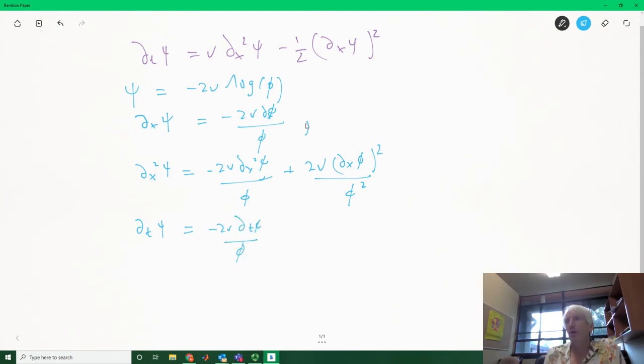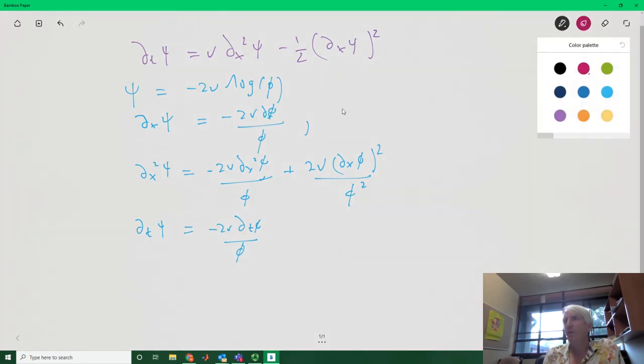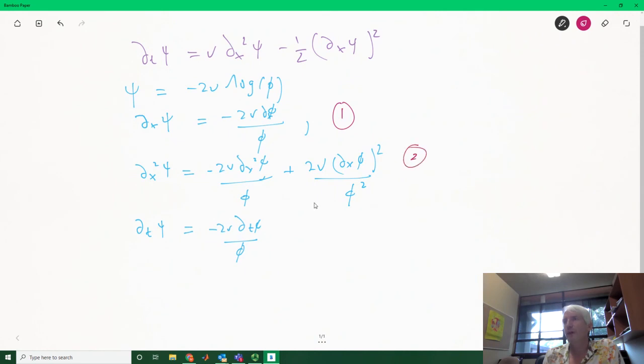Okay, so what we've got, then we substitute all of these things, let's change colour. Right, we've got 1, 2, and 3, and we substitute them into this equation here. And a crazy sort of miracle happens, because this extra term here, half dx psi squared, exactly cancels with this term from here. So a whole lot of crazy cancellations happen, and we end up with this equation here.